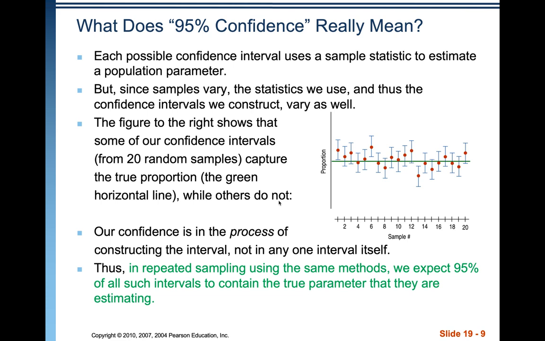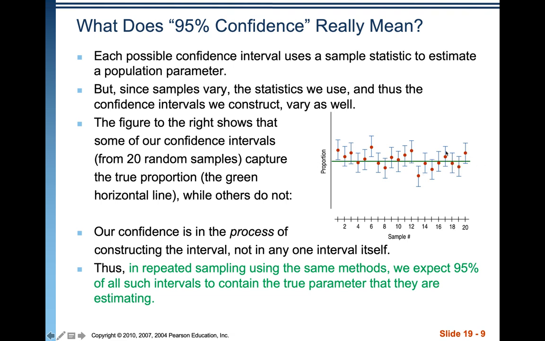We've already kind of talked about that. We get that p hat has a sampling distribution, so that means there is a distribution of confidence intervals as well. The figure to the right shows that some of our confidence intervals from 20 random samples capture the true proportion, which is represented by this green line, while others do not.